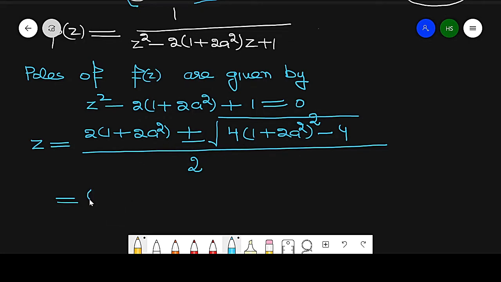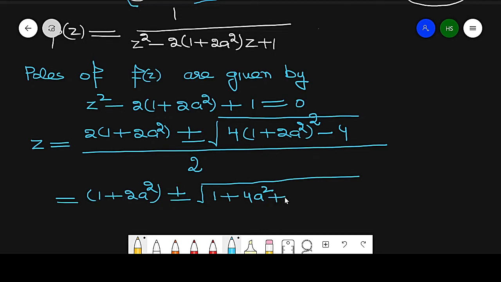We get 1 plus 2a square from the first part, plus minus the square root of 4a square times 4a square minus 1. This cancels with this.